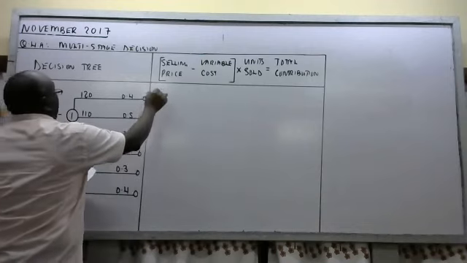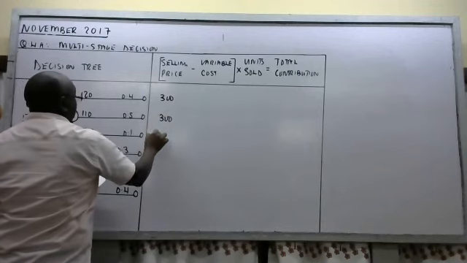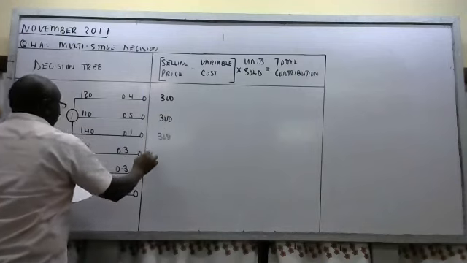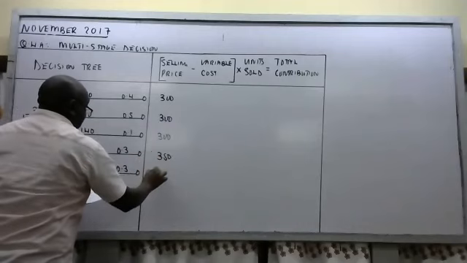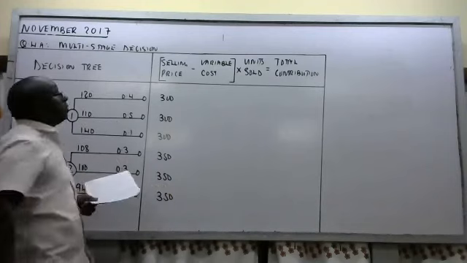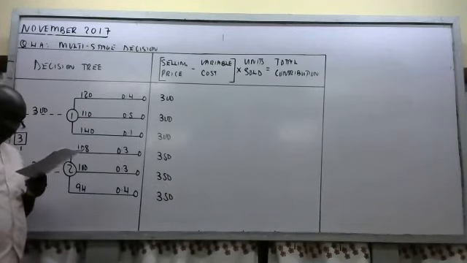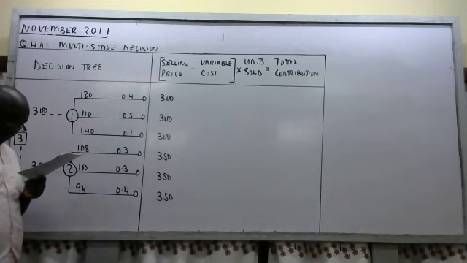In the interest of time, to solve it quickly, this is 300, 300, 300. This is 350, 350, and 350. Variable cost, we are told it is 120 up to and including 100.